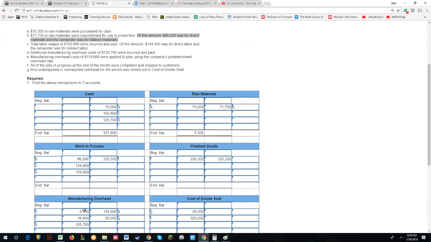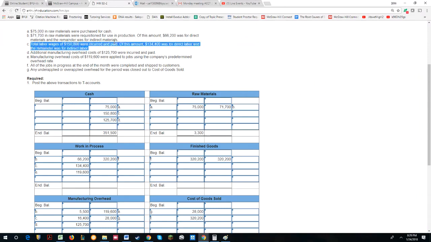That's right. For the direct labor and the indirect labor. Okay. Additional manufacturing overhead costs, 126.4. So you on C now? Oh yeah, you're right, yeah.